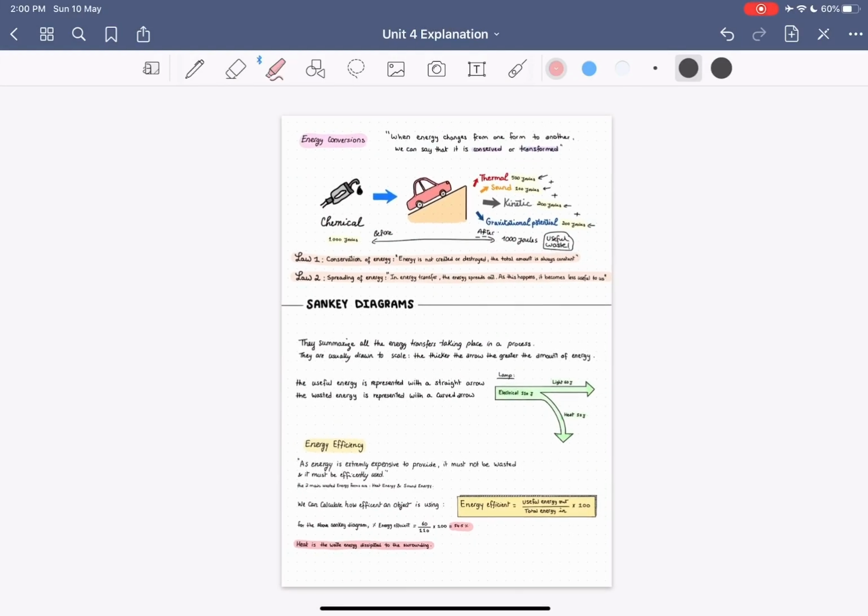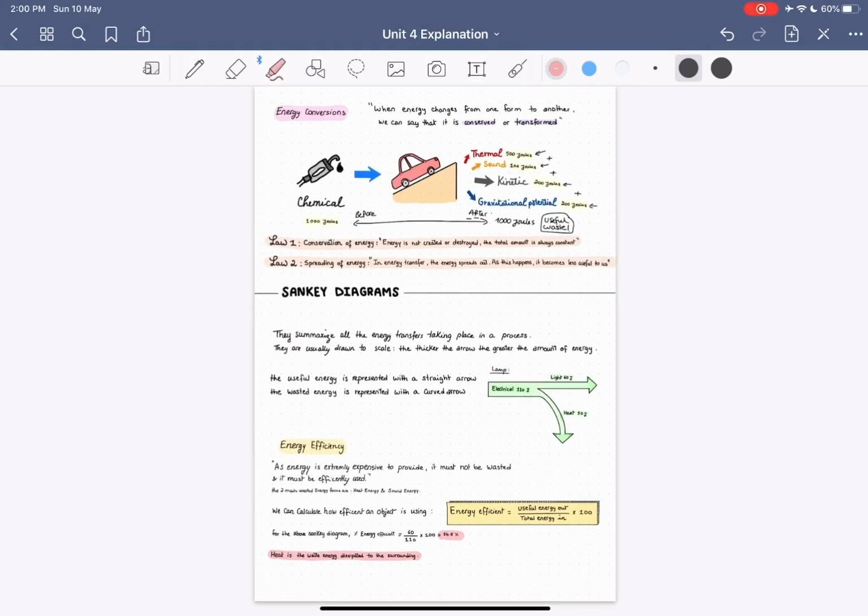Okay, and this is why some objects cost a lot of money. Let's say some kettles are really expensive while other kettles are not. The reason behind that is that the very cheap kettles don't have a very high percentage of efficiency, so their cost will decrease. They won't be very expensive.